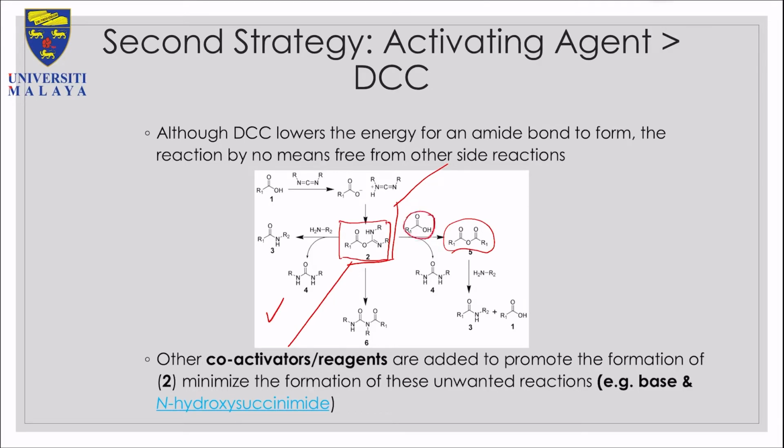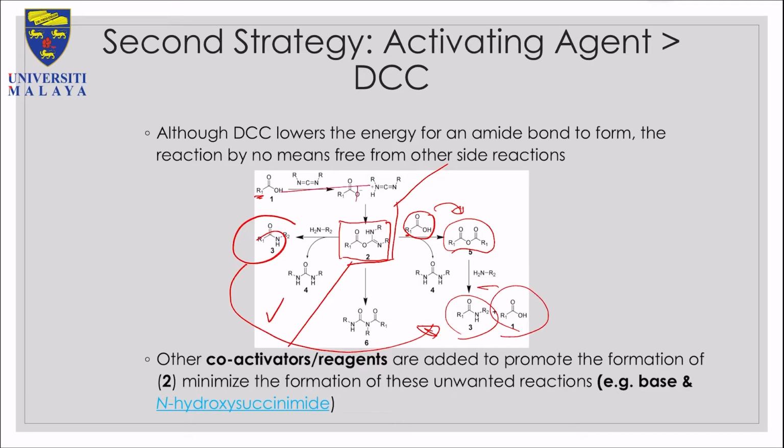You can get the same amino acid, see R1 over there, coupling to form an anhydride structure, and then you can still get the same dipeptide, but additionally you are wasting resources because you are now doing an additional step.